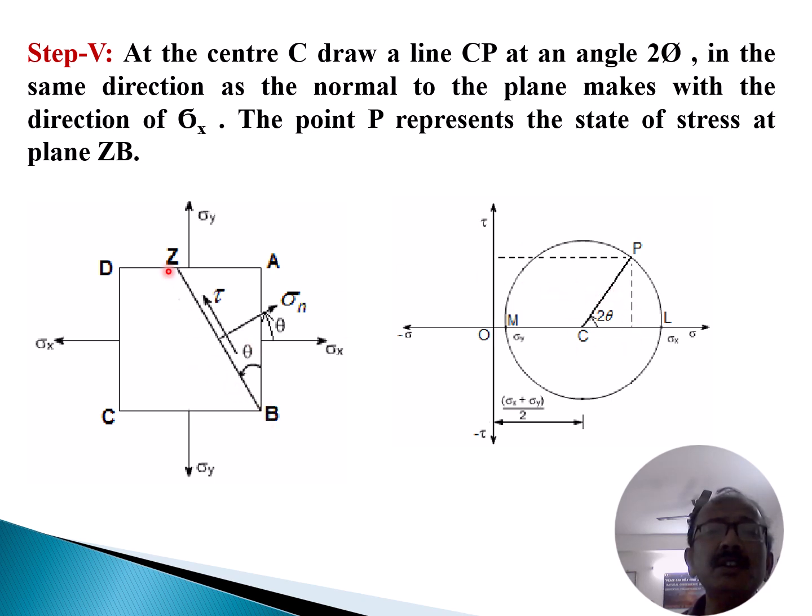So this plane ZB, or BZ, represents the values of stresses. That means what the value of sigma is and what the value of tau is will be represented with the help of point P. So P represents the state of stress at plane ZB. That means where the shear stress is, what the normal stress is, and what the values are will be represented with the help of that point.